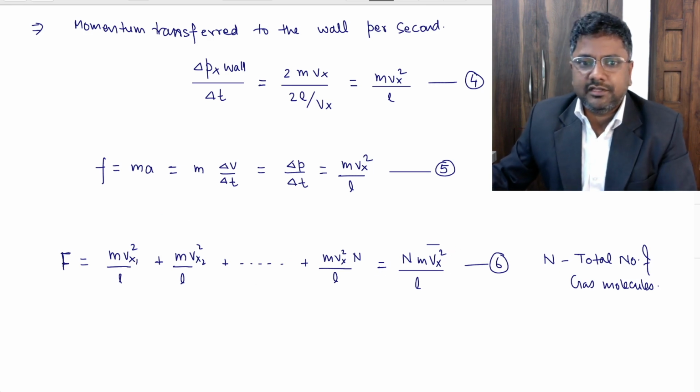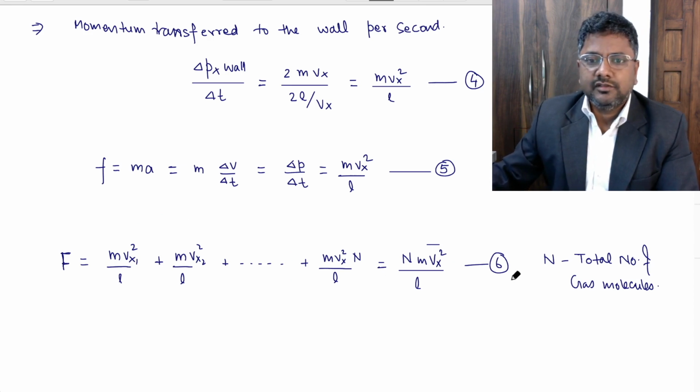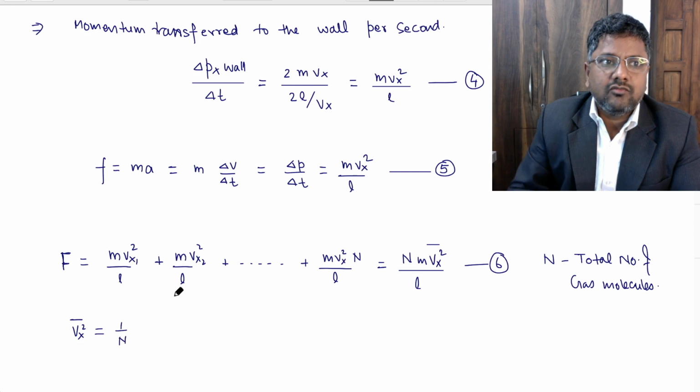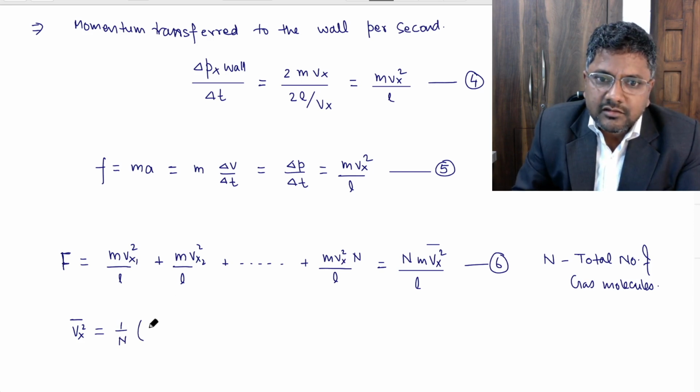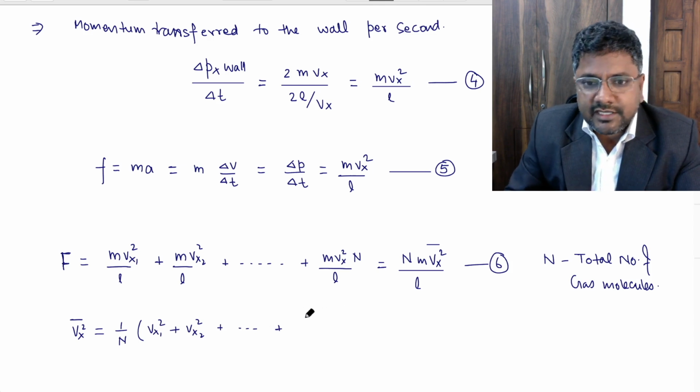Hopefully it is clear, right? Okay. Now we can write here vx square average is equal to 1 by N times vx1 square plus vx2 square plus ... vxN square, right?